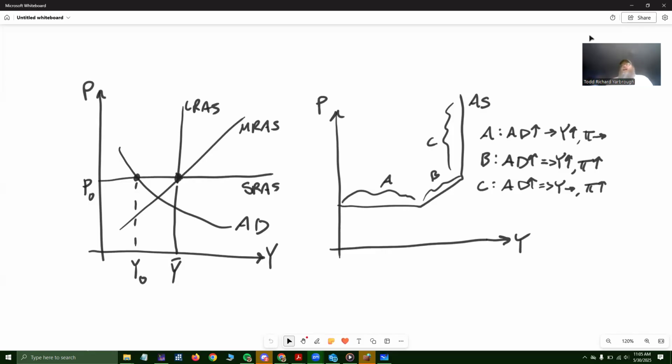The other thing too is that having the medium run section, and we'll talk about what that means in a second, actually empirically does better than not having it there, because what the medium run is going to represent is something that we see in the data, and is not something predicted by either the short run conception or the long run conception, but would be something predicted by this conception of the medium run.